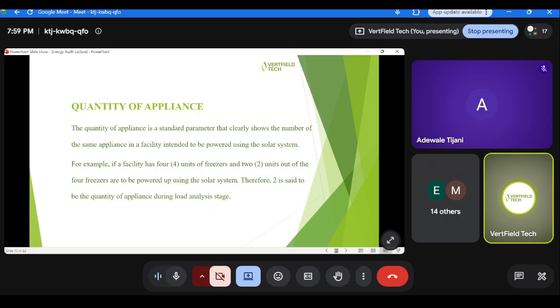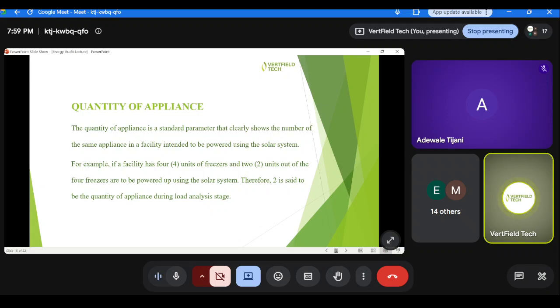So the quantity of appliance tells you the number of the same appliance that the client intends to power up using the solar system. So let's say our client for tonight, Madam Miriam, lives in a three-bedroom apartment and she has a TV in each of those rooms.